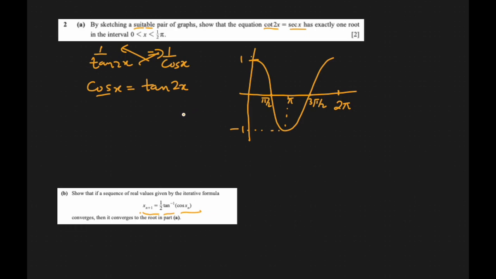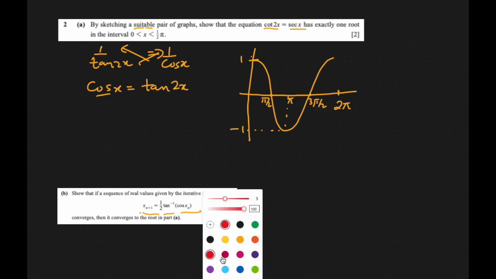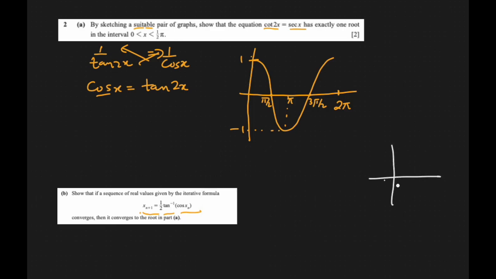Alright, tan 2x. Now let me see what the tan 2x graph looks like, let me change the color here. The tan graph usually is like this.